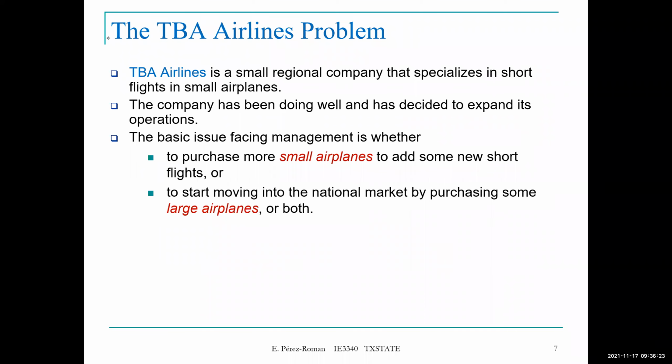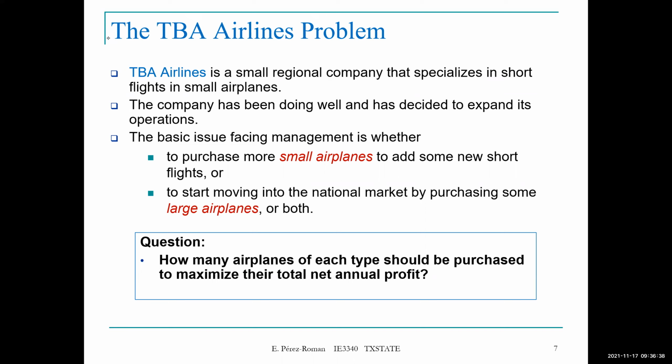And the basic issue facing management is whether to purchase more small airplanes, to add some new short flights, or to start moving into the national market by purchasing some large airplanes, or a combination of both. So the question is, how many airplanes of each type should be purchased to maximize their total net annual profit?